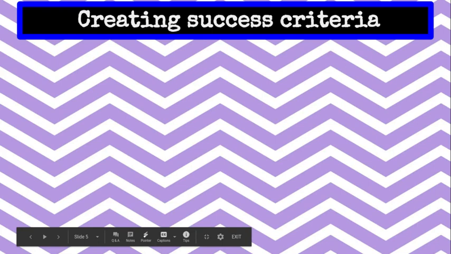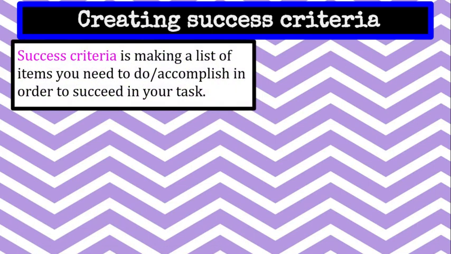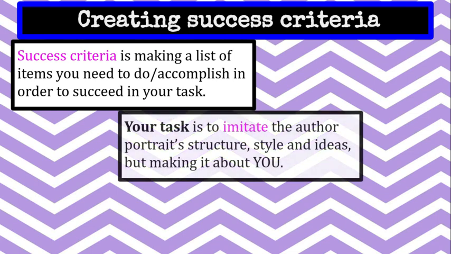We're going to create success criteria. Success criteria is making a list of items you need to do or accomplish in order to succeed in your task. So first we need to know what our task is. Your task is to imitate the author's portrait, structure, style, and ideas, but making it about you. So you're going to imitate our mentor text, the one we just saw about Barack Obama, kind of about his life and different facts about him.